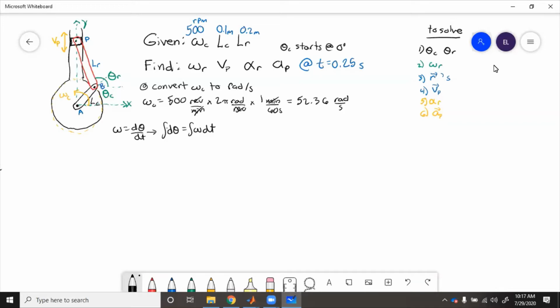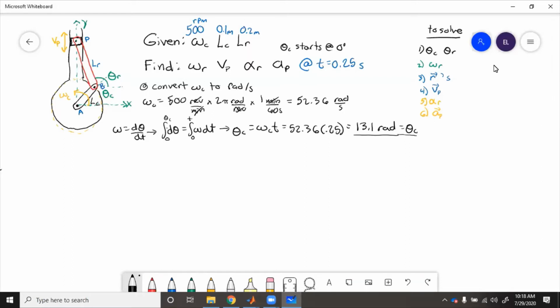So that means that the crank is straight along the x-axis. So here we'll have from 0 to theta C, from 0 to t. And this gets theta C equals omega C times t, equals 52.36 times 0.25. This equals 13.1 radians. So that's theta C.